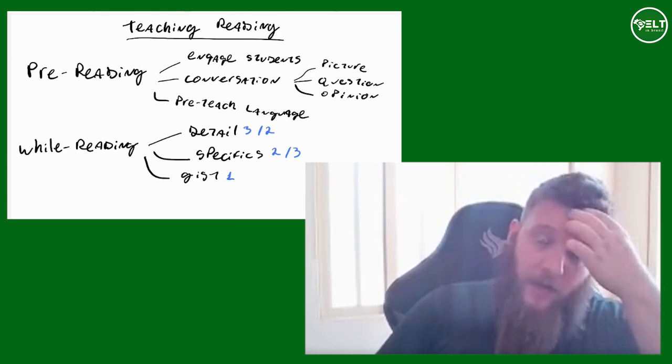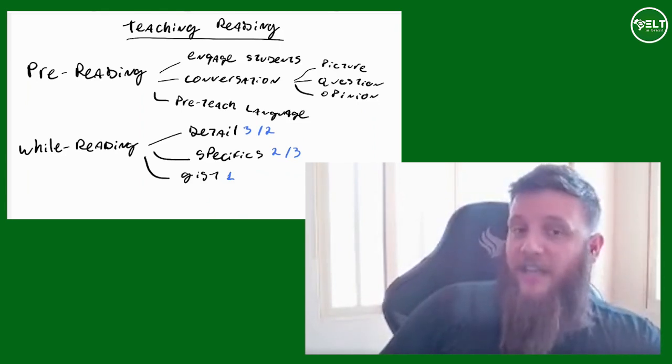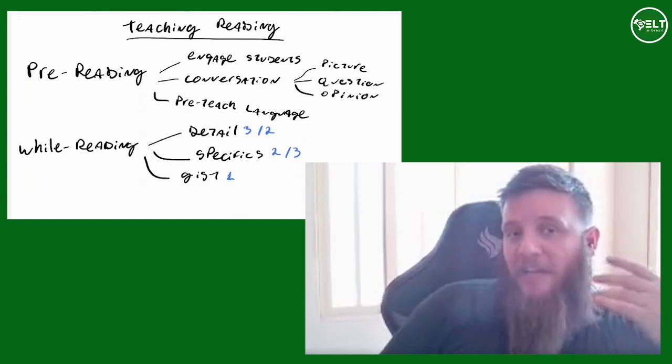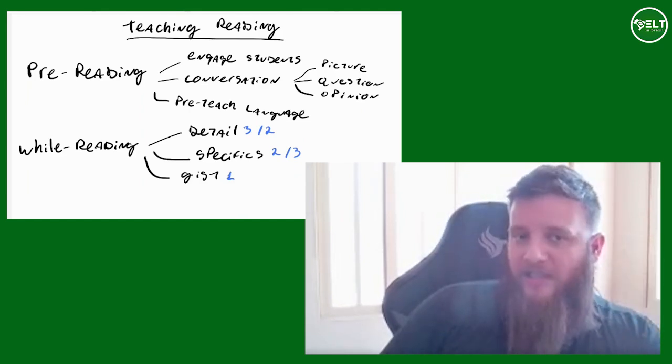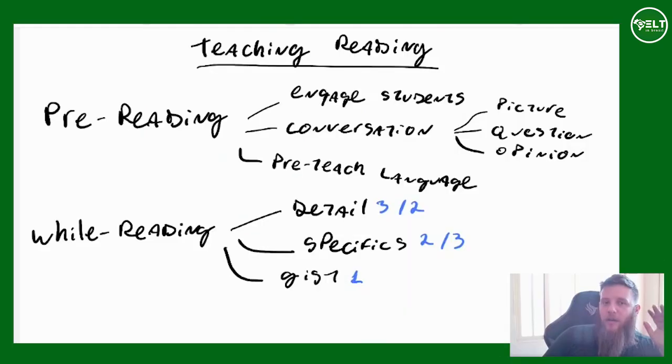Because you might be saying, well, students are interpreting the text, so why should I care whether this is specific or detail? In the next video, we're going to discuss that a bit more, because this difference matters, very much.